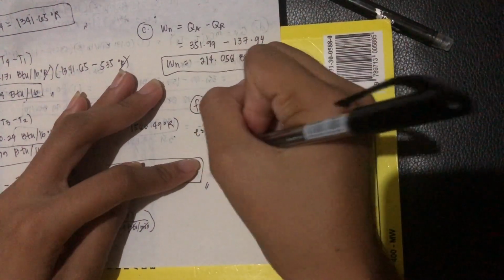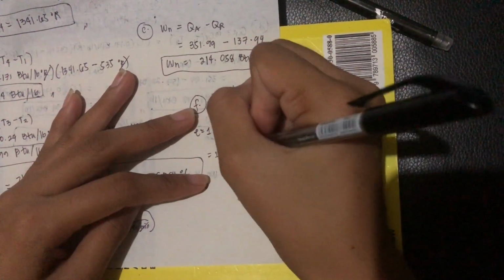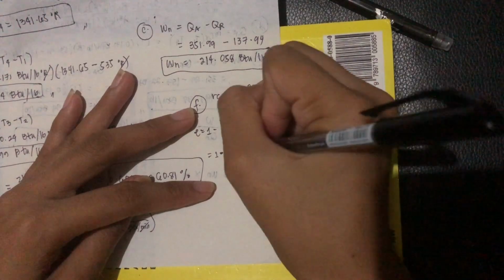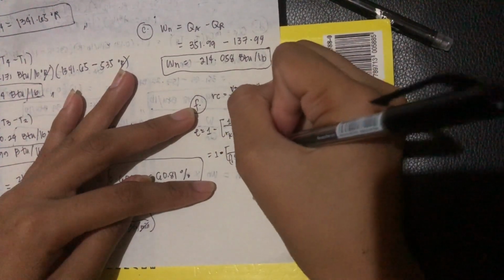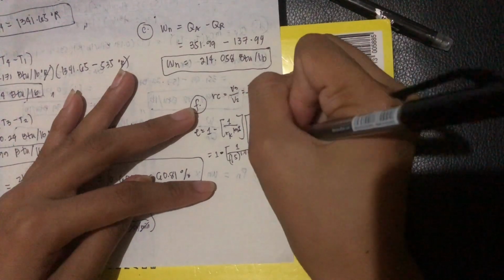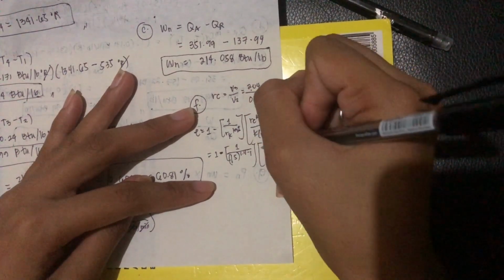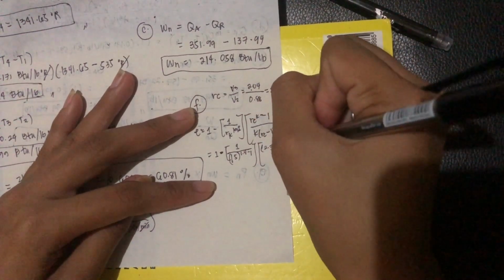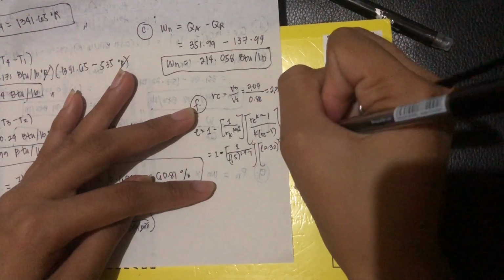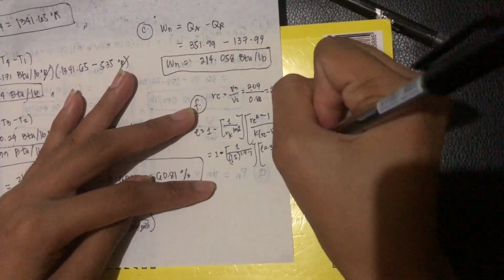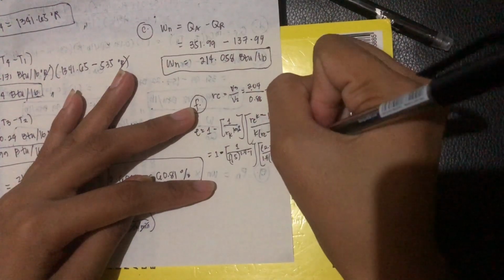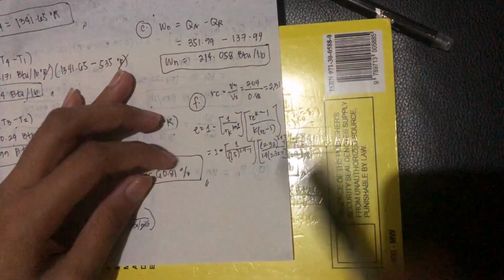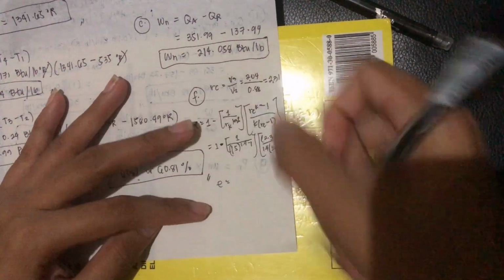So we substitute: 1 minus 1, our r_k is 15, our k is 1.4 minus 1, then r_c is 2.32, k is 1.4 minus 1, over k which is 1.4, times 2.32 minus 1. So let's calculate.